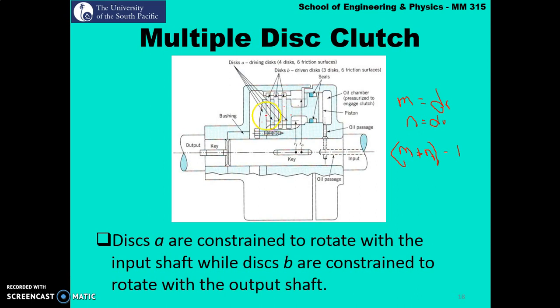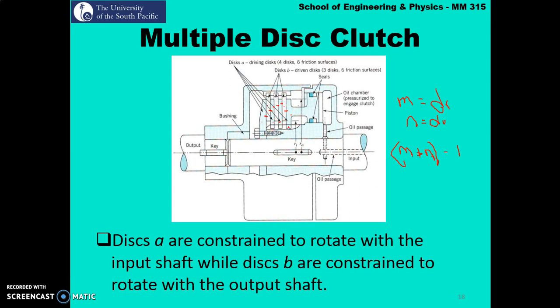Let's see where we actually end up with 6 contact surfaces. The first contact surface is over here, 1. The other one is here, 2, 3, 4, 5 and 6.